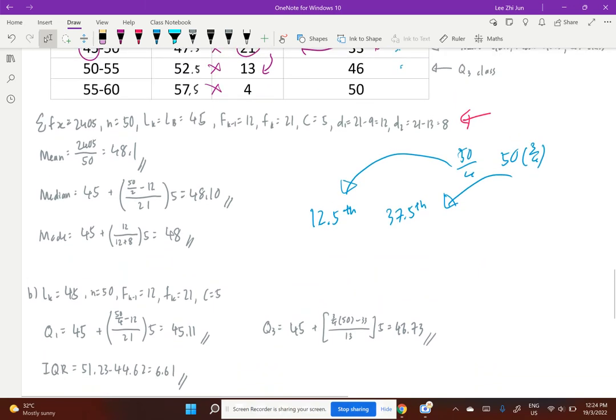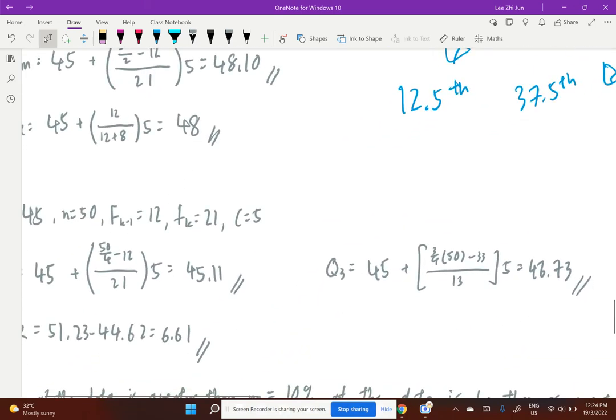So the interquartile range is just the difference between the third quartile and the first quartile. So I just write it: 46.73 minus 45.12. So I will get 1.61.